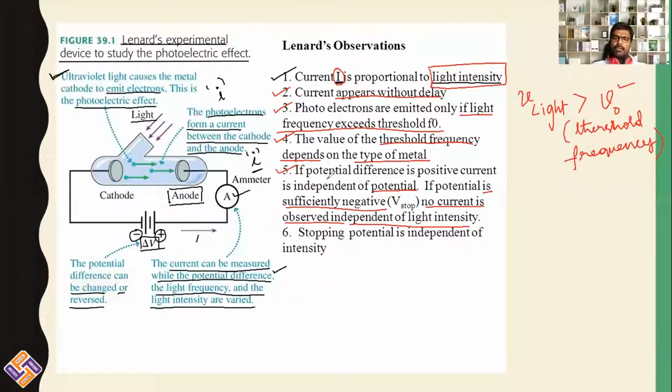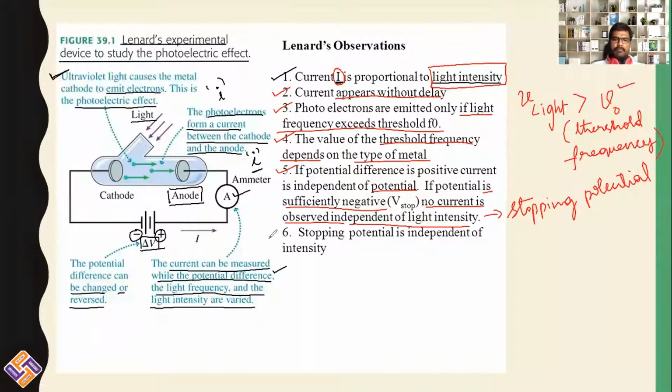So for positive potential difference, there is no dependence of photocurrent in the circuit. But for negative potential difference, at some particular negative value, no current is observed in the circuit. And that potential for which no current is observed in the circuit is called the stopping potential.